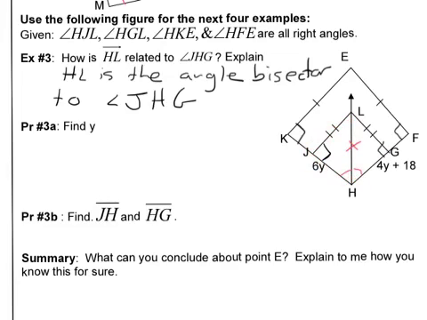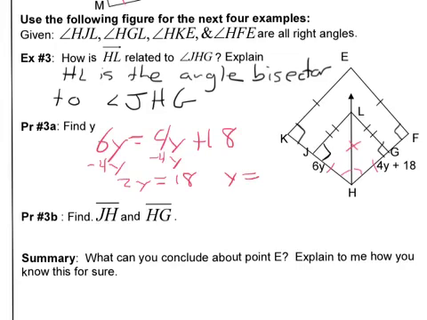Point is, this triangle must be congruent with this triangle, therefore this side must be congruent with this side. So you should be able to say 6y equals 4y plus 18, and simply solve for y here. You get 2y equals 18, or y equals 9. And you should be able to plug that back in to get JH and HG.